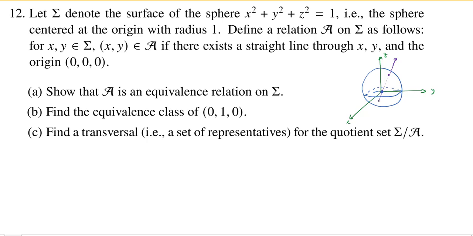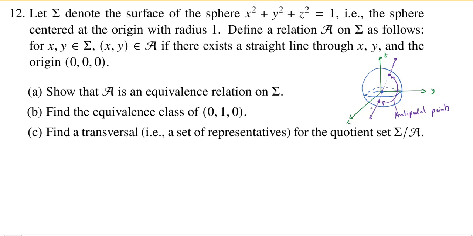It keeps going, and it's going to hit a point which is on the bottom half of the sphere and on the opposite side. These 2 points that you get are called antipodal points. And maybe you start to understand why I use the letter A to denote this relation. If you have antipodal points on a sphere, then they're related.